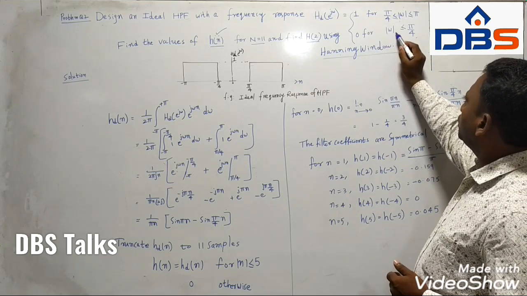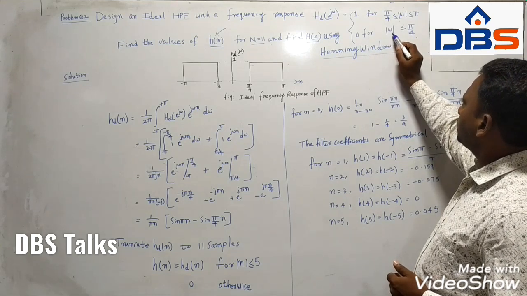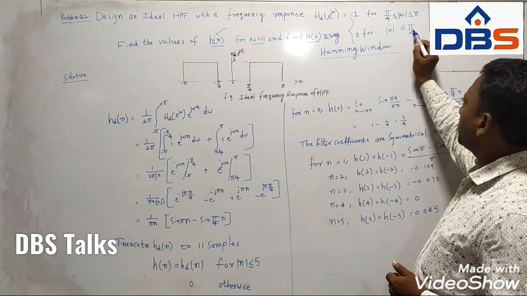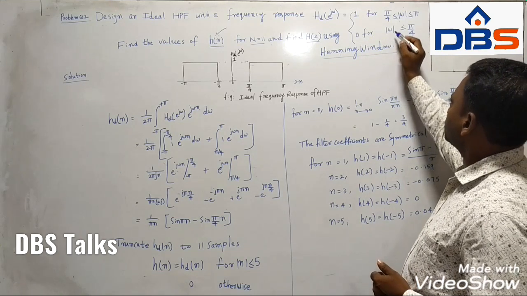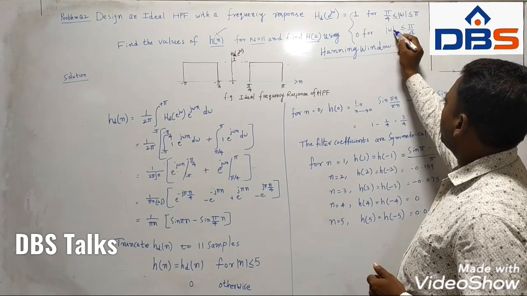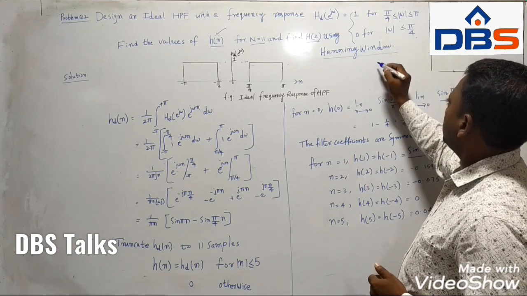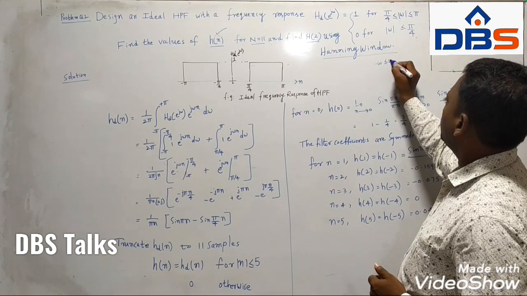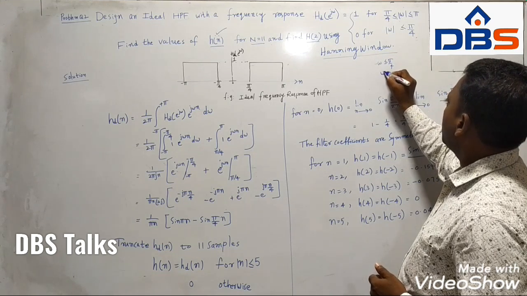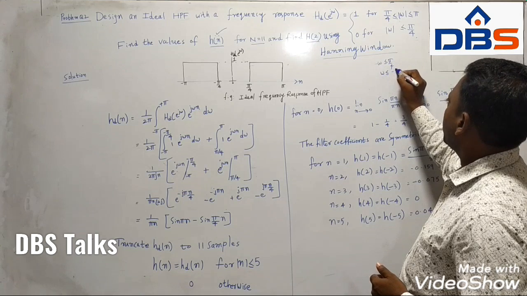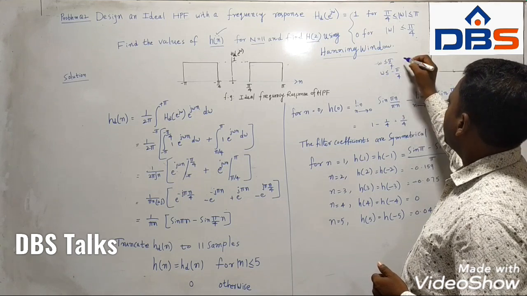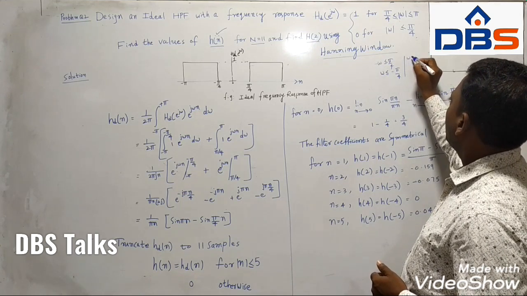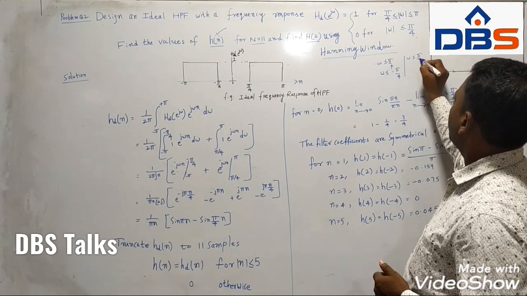between 0 to pi by 4 and also from 0 to minus pi by 4 it is 0. Mod omega less than or equal to pi by 4 means, if you take negative values, omega greater than or equal to minus pi by 4, and if you take positive values, omega less than or equal to pi by 4.